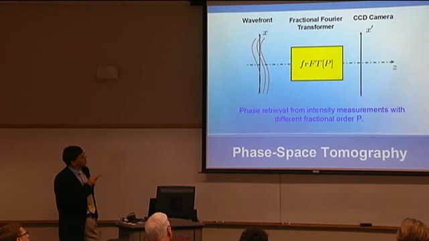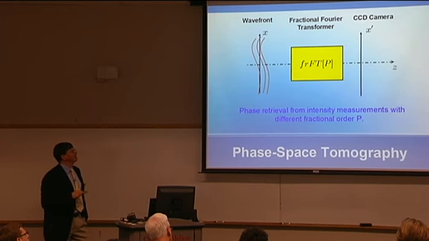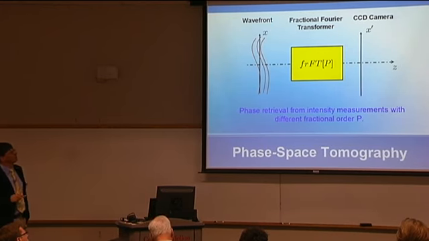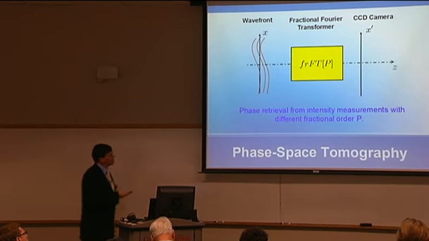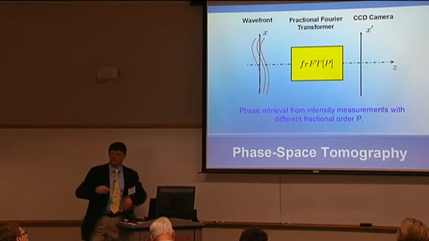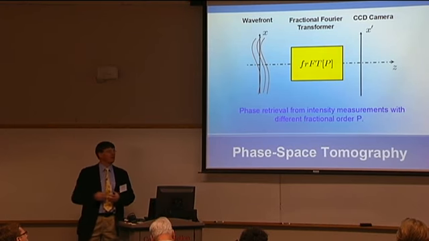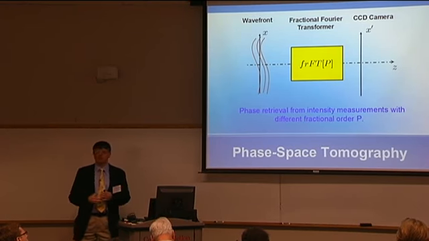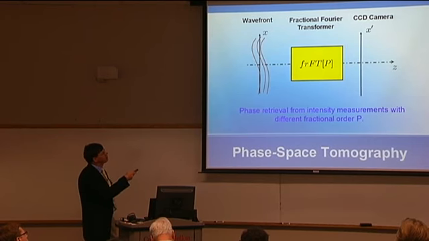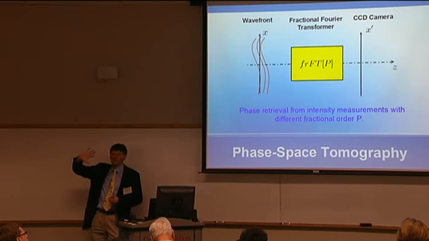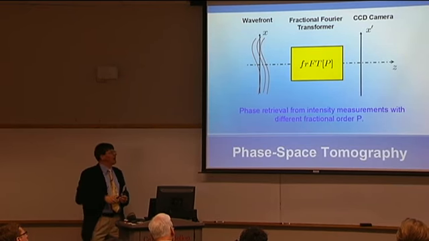And it is most easily explained by connecting it with a fractional Fourier transformer. So let's think we have a wavefront. This is stationary. It's not changing in time. And we can measure this as often as we want. So we have a fractional Fourier transformer. And remember, this is a rotation angle in phase space.